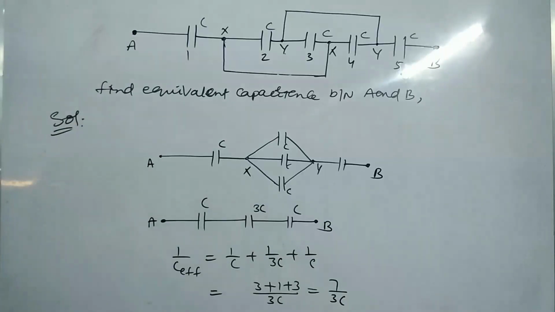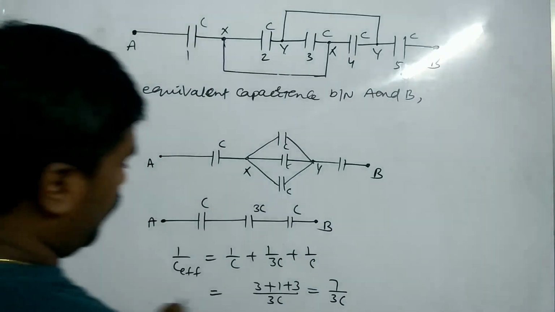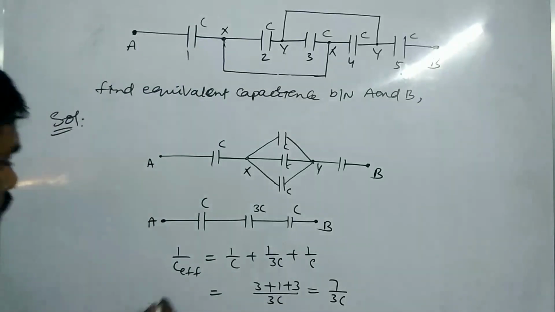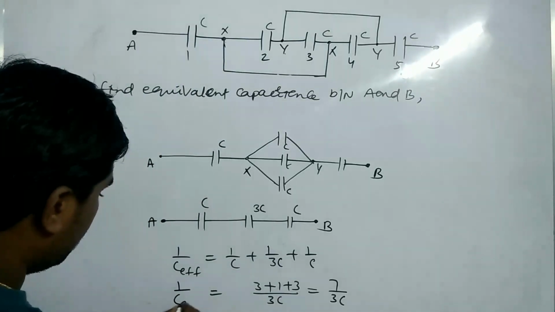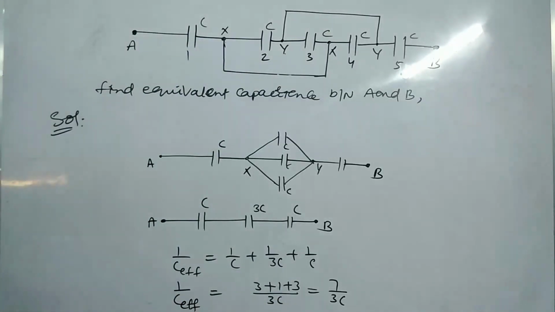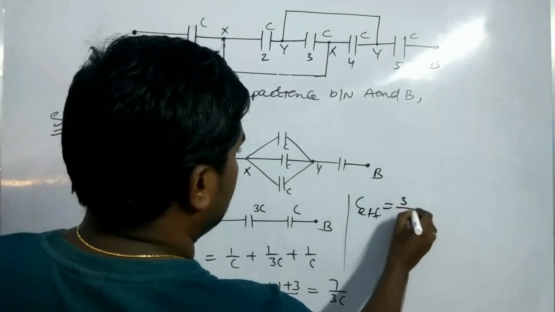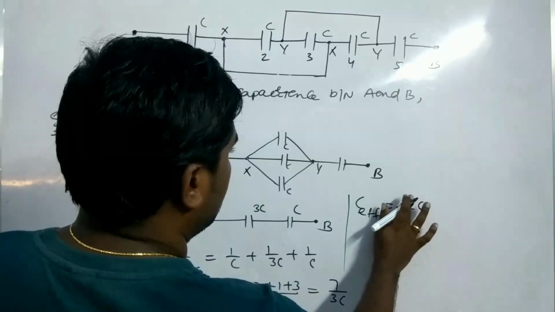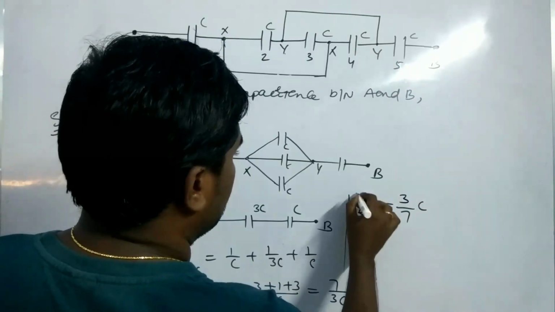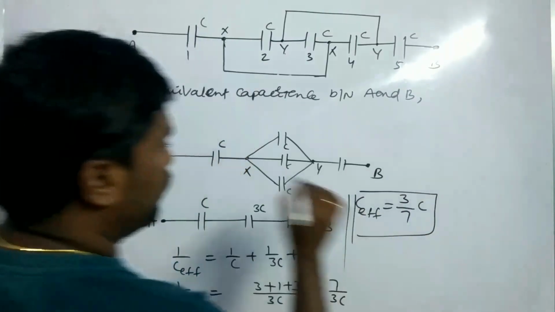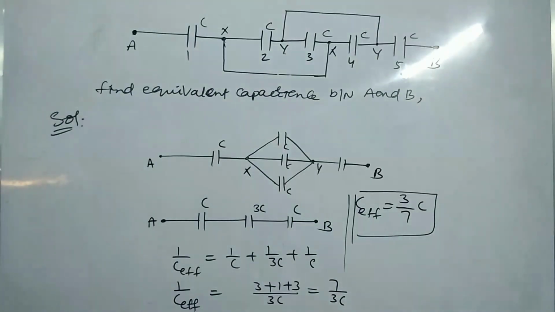So 7 by 3C is 1 by C effective. Therefore C effective equals 3 by 7C. This is the effective capacitance in this circuit.